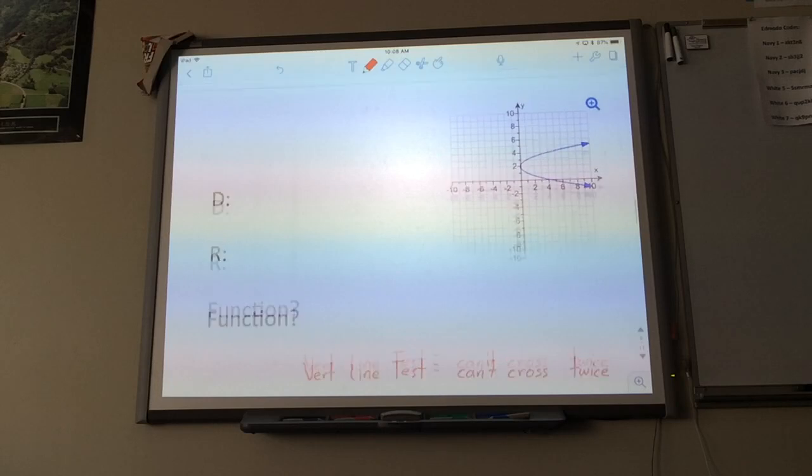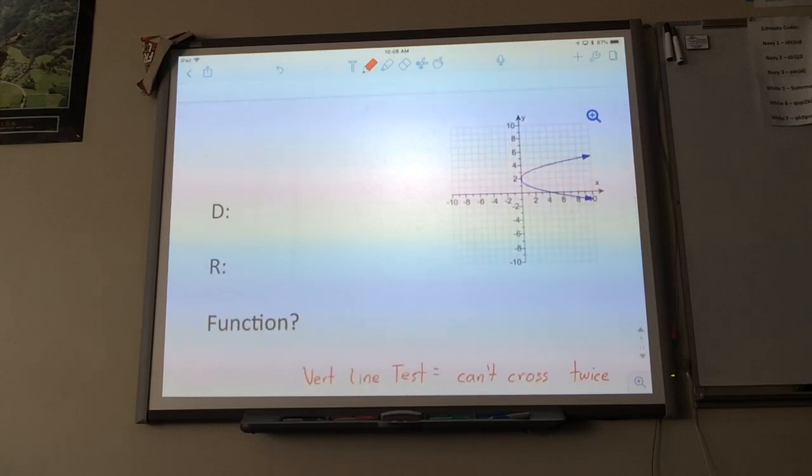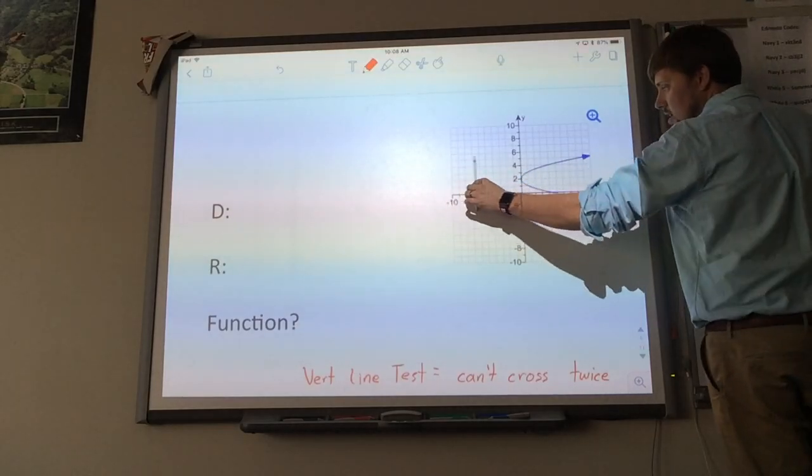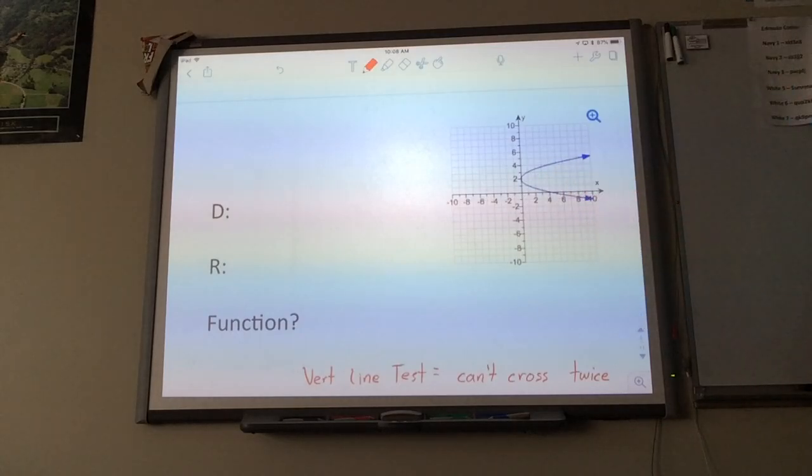So if at any point on this graph I could draw a vertical line and it crosses more than once, basically if I took a line and moved it across, and at any point it crosses more than once, it's not a function. So I'm just going to draw a random vertical line right here. And we can see it crossed there and there. So that is not a function.